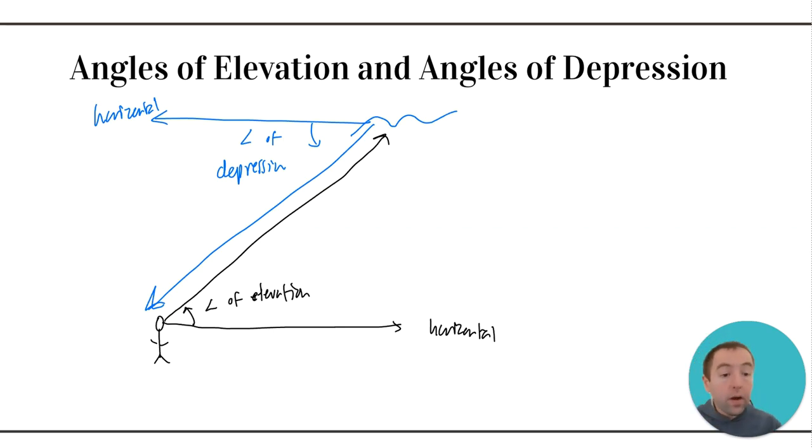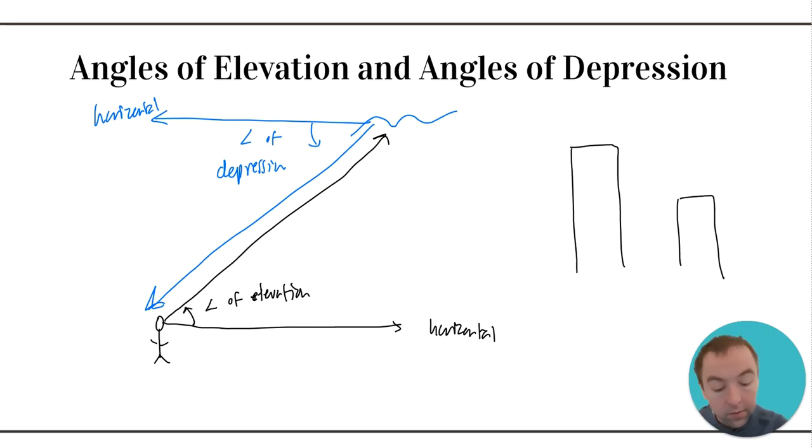So just to drive this home a little bit, let's suppose that you've got a couple of taller buildings, but one of them is a little bit taller than the other. And you've got a person standing on top of the taller building and a person standing on top of the other building, right? If the person on top of the higher building is looking down towards the other person, you might see that we could make a right triangle out of this.